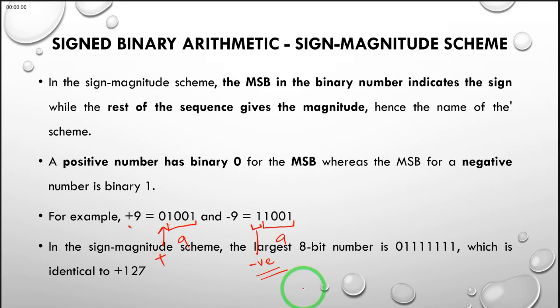Under the sign magnitude scheme, the largest 8-bit number is represented by all ones except the most significant bit being 0, and this is equivalent to positive 127, which is a very small number compared to the magnitude of numbers you can find in a digital system.